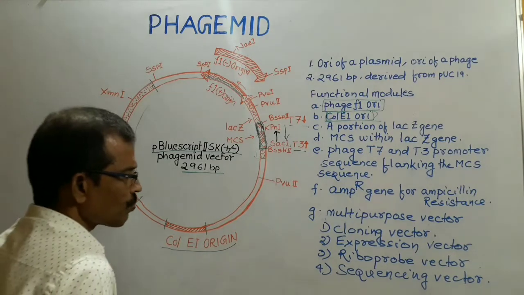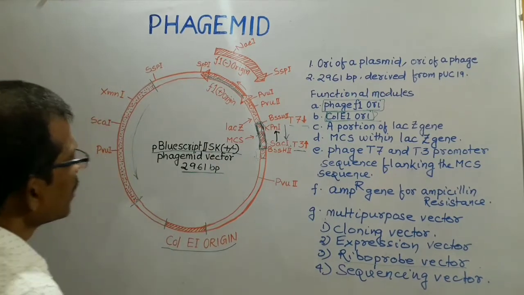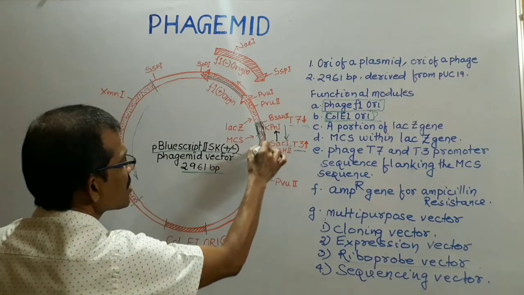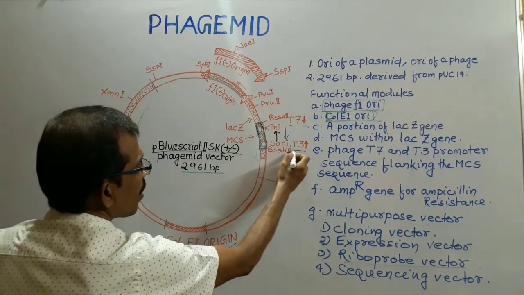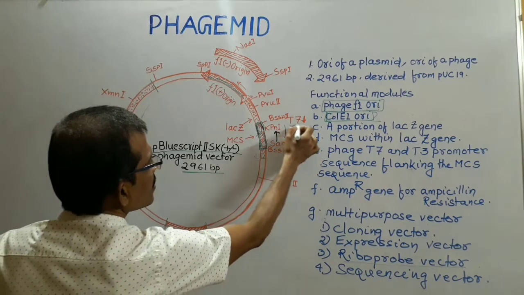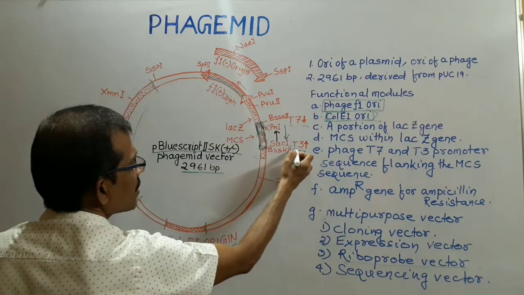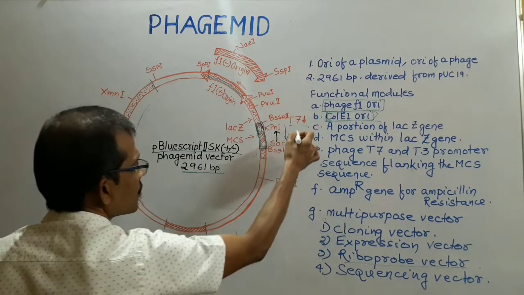Phagemid is also useful as a riboprobe vector. In this vector map, you see this MCS sequence is flanked by two promoters. One is the T3 promoter, the other is the T7 promoter. T3 promoter is from T3 phage, T7 promoter is derived from T7 phage.